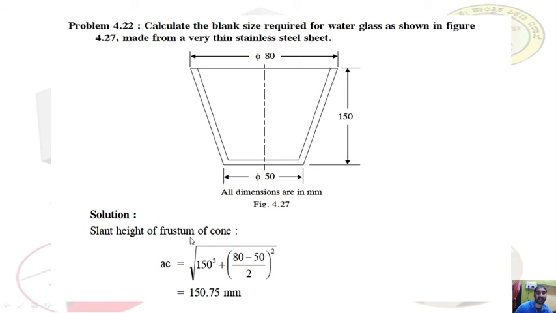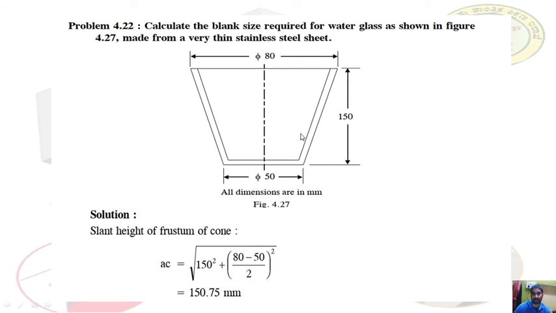So the slant height of the frustum of cone is this AC. So this AC is 80 minus 50, and the adjacent distance is 30, that is 15. So 15 square plus 150 square is your adjacent square plus opposite square. So that will give 150.75 as our slant height.